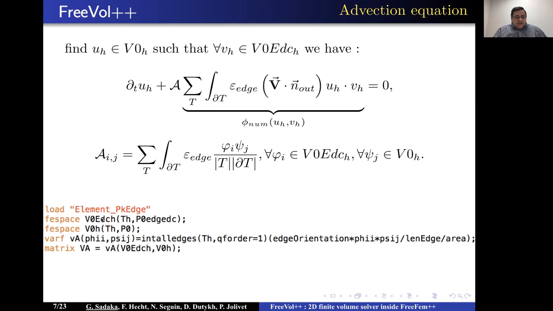It's load element P0 HDC, and then var f va as it is written here, phi PCE int all edge for this one, edge orientation for epsilon edge, phi PCG over len edge over area, and then we call the matrix va is va v0 HDC.